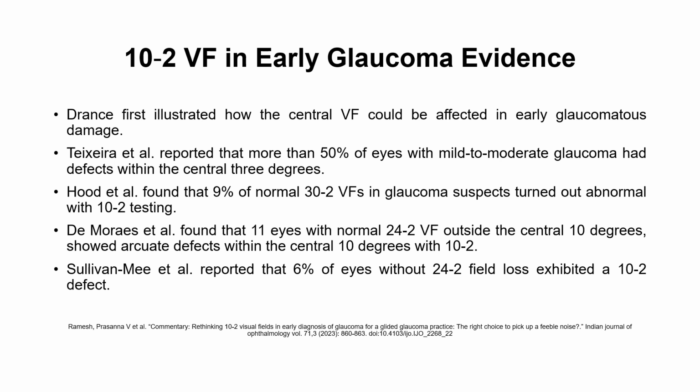And not only that, Hood and his colleagues found that 9% of normal 32-2 visual field glaucoma suspects turned out abnormal with 10-2 testing. And De Moraes found that 11 eyes with a normal 24-2 visual field outside the central 10 degrees showed acute defects within the central 10 degrees in the 10-2 visual field.